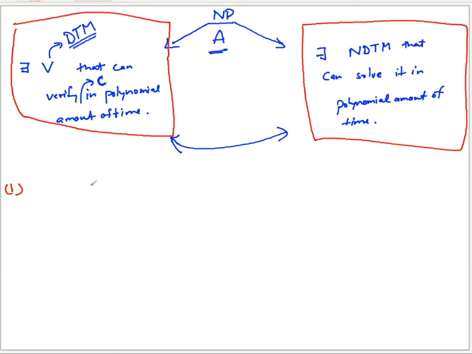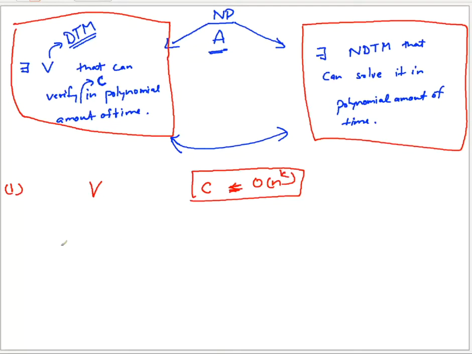We are given that there is a verifier V that can verify in polynomial amount of time for a given certificate C, which is of length order n to the power k. The certificate is able to be verified in polynomial amount of time.